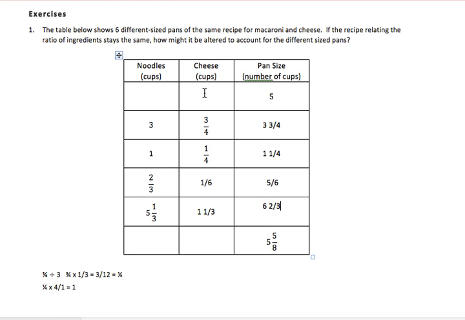That leaves us with the two entries where we have the actual number of cups in the pan, or our final answer, and we have to find the amount of noodles and cheese. Keeping in mind our original ratio, or our rate, is 1 to 4, which means we would have 1 cup of cheese to 4 cups of noodles.